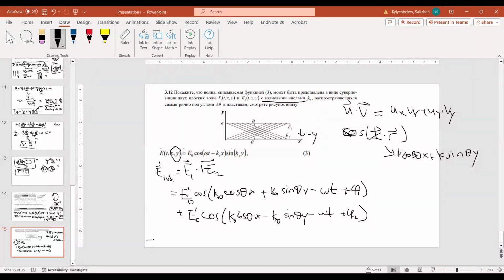So when you solve this, what will you get? It's basically a cosine A plus cosine B problem.